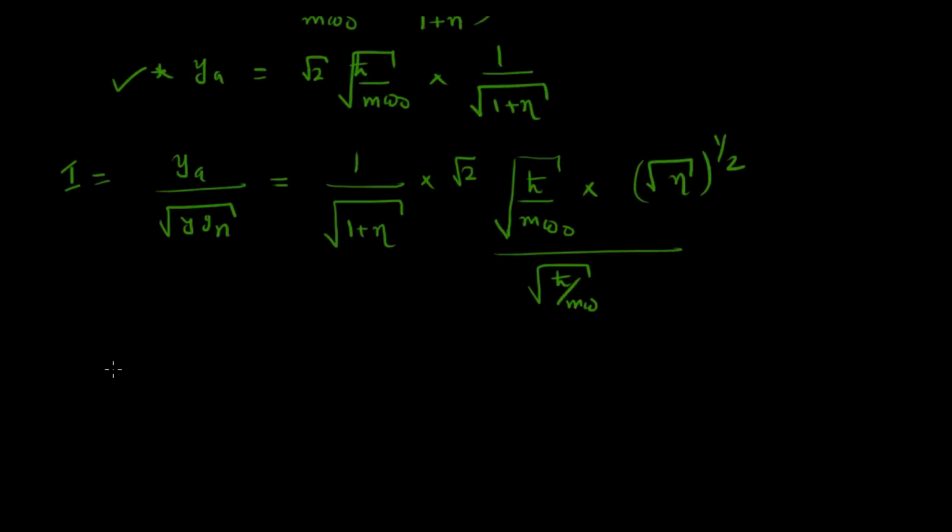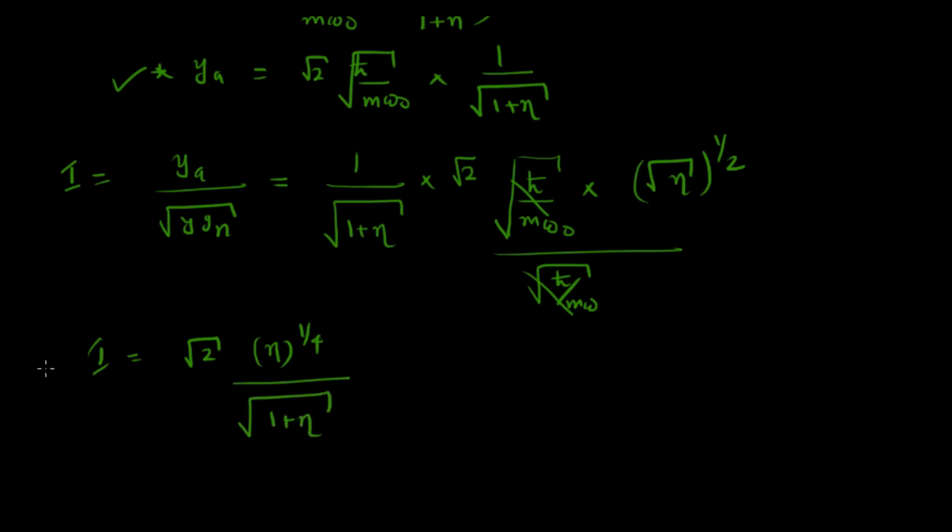So I'm going to rewrite, cancel the similar terms here, and we are left with the overlap integral to be square root of 2 eta raised to 1 by 4 divided by square root of 1 plus eta.